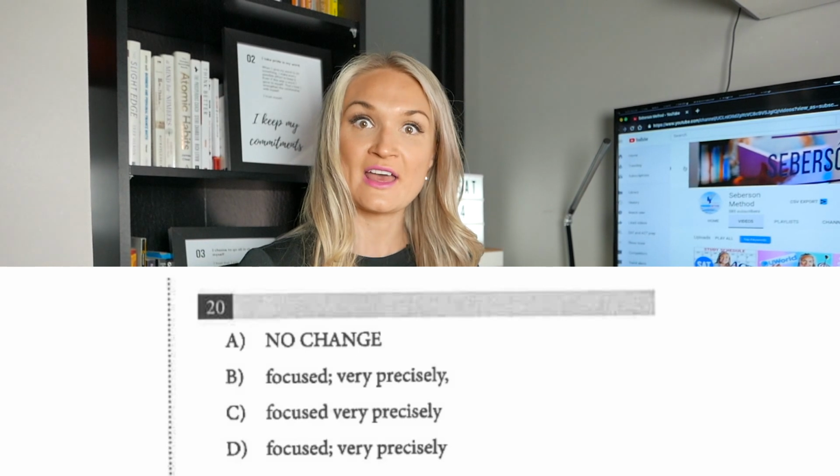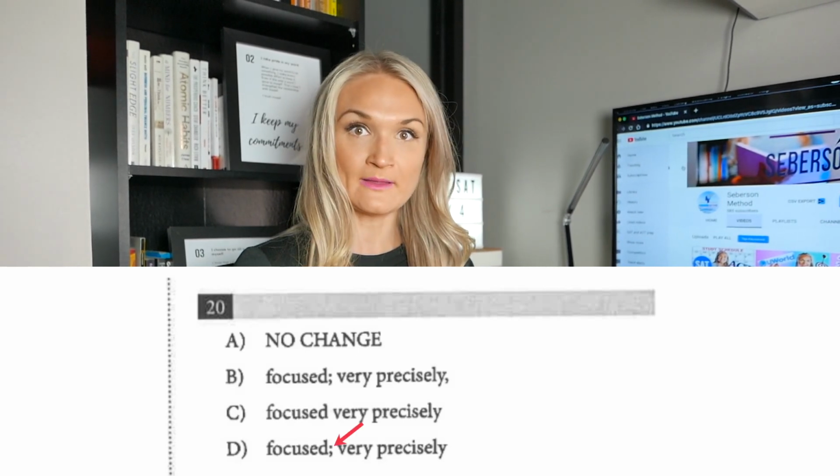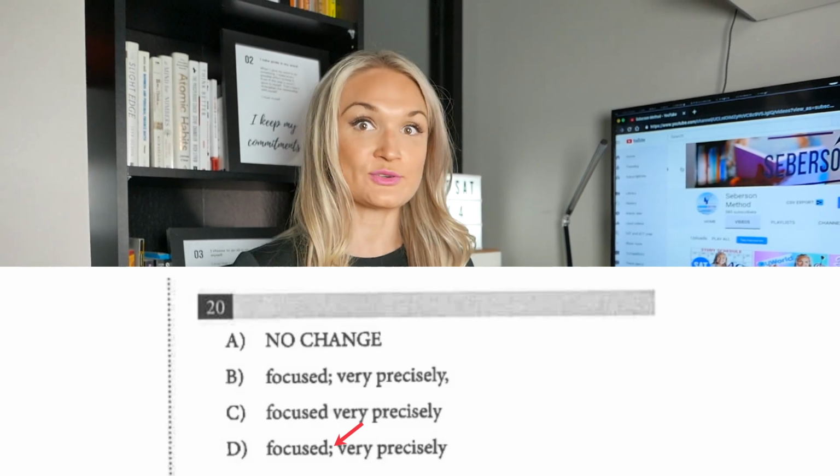I don't blame you. The test is very ruthlessly timed. You're under a lot of time pressure, but if you considered all 4 answer choices, then you would have seen that D also has a semicolon, therefore both answer choices are appropriate.